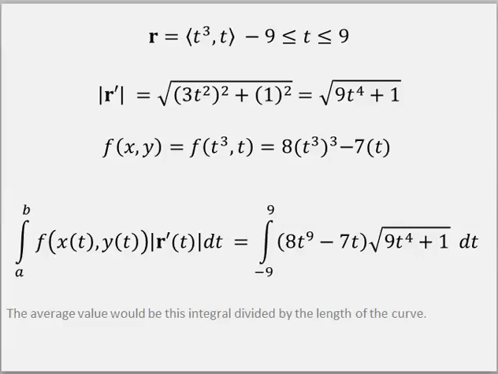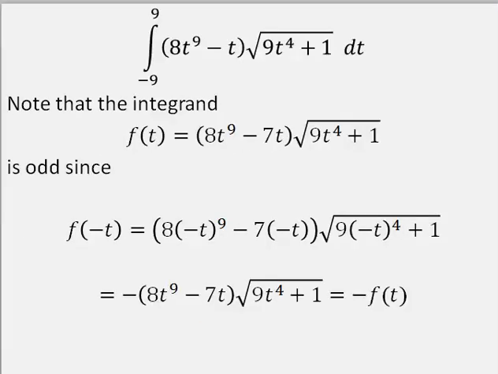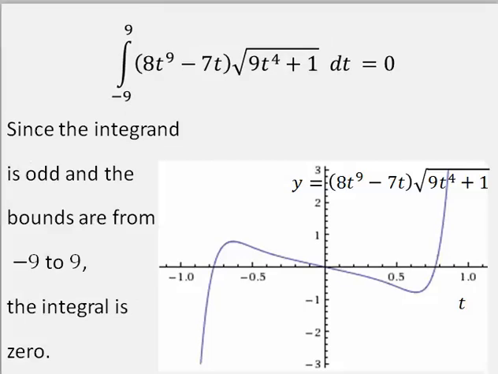Now this integral, when you first look at it, looks fairly difficult, and in fact it would be very difficult to find the antiderivative. But in this particular case, the integrand is odd. Since the integrand is odd and the bounds are from -9 to 9, the integral is 0.